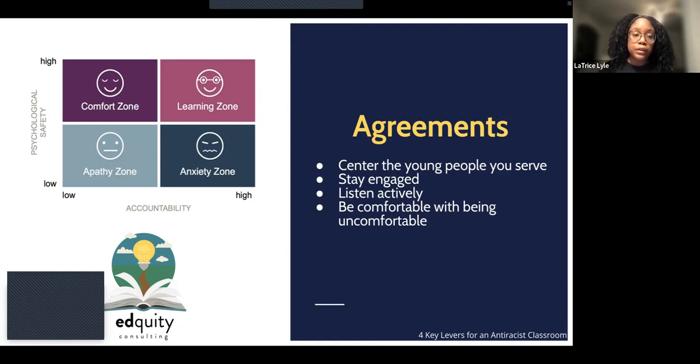When we are uncomfortable and we create a space that is psychologically safe, we push ourselves to be in our learning zone, right on the cusp of being uncomfortable and in a space that is psychologically safe. Just like our kids, we can and we do learn even more. So I'm going to ask that we push ourselves to stay in that space during this time. And if at any time you need to take a break, you need to do anything to care for yourself, know that you can press pause, and I'll be here when you get back.